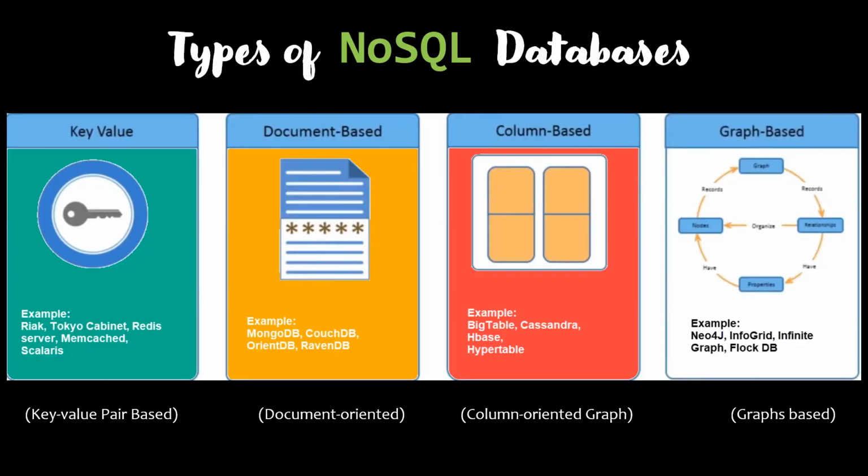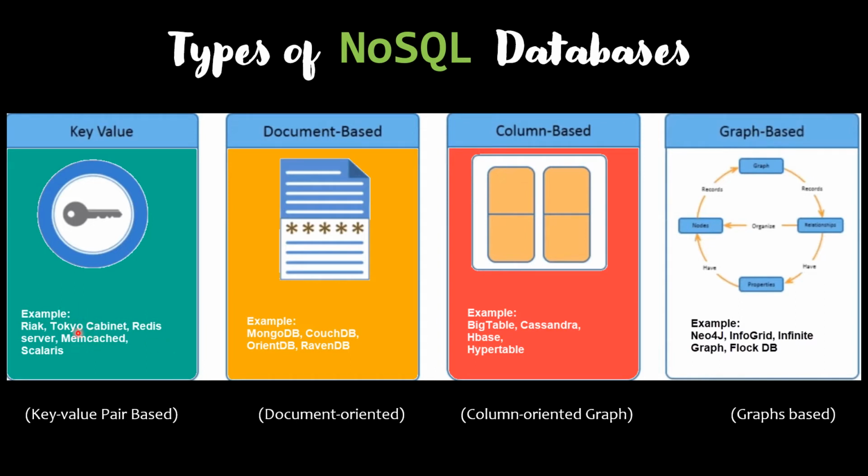Okay, now we go to types of NoSQL databases. I already explained this before. There are 5, but I don't include the cache system here, so we only focus on 4. Which are key value base. Examples of technologies under key value are Tokyo Cabinet, Redis Server, Memcached, and Riak.